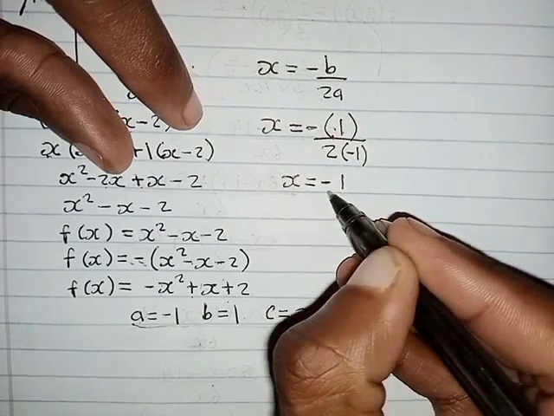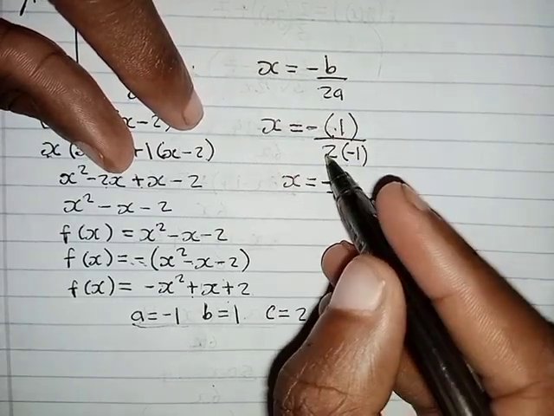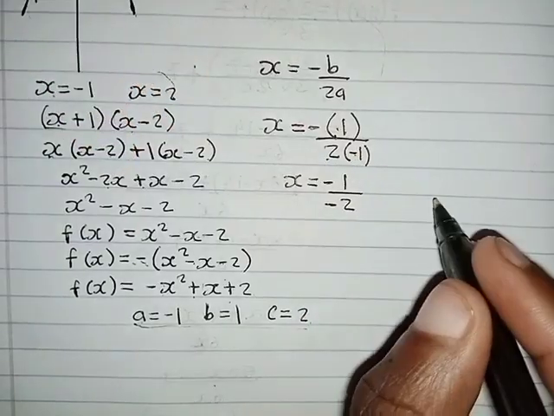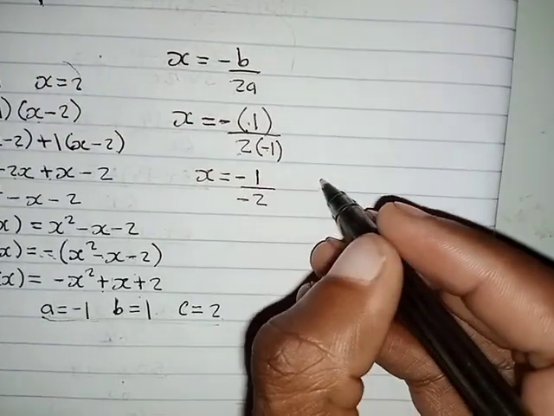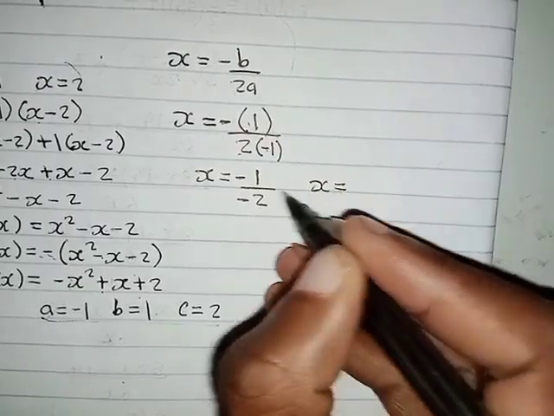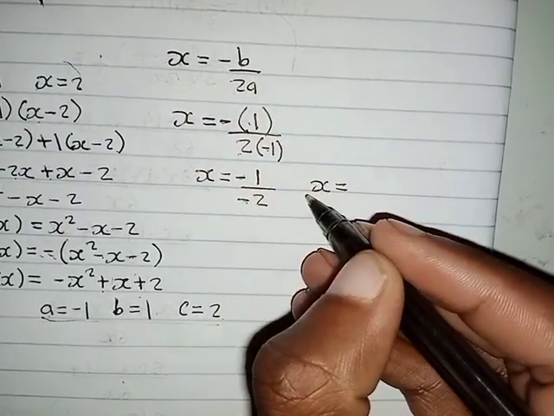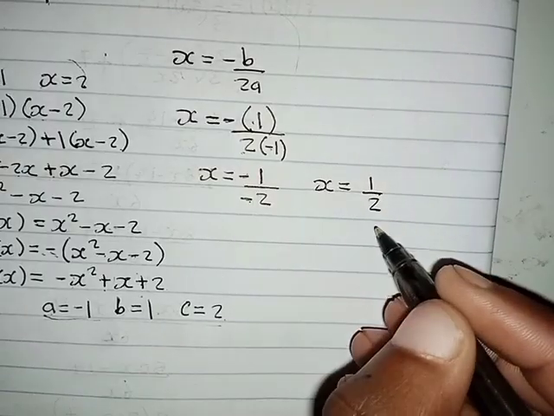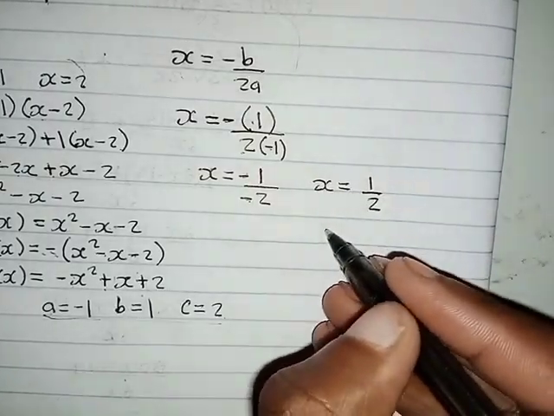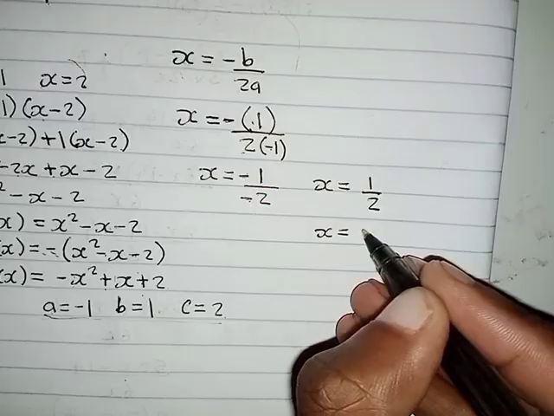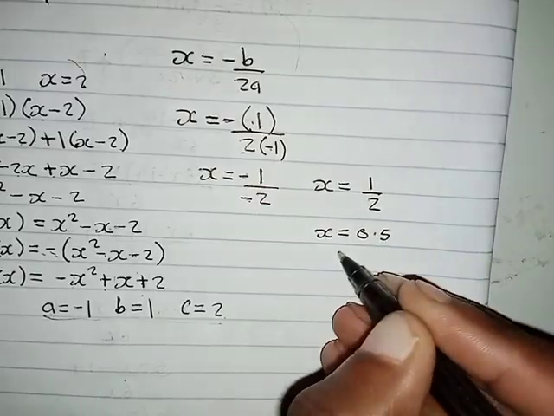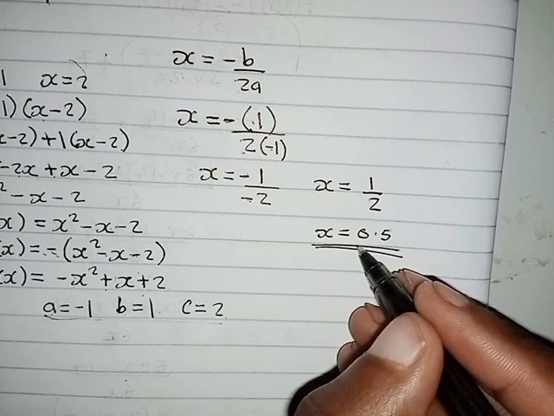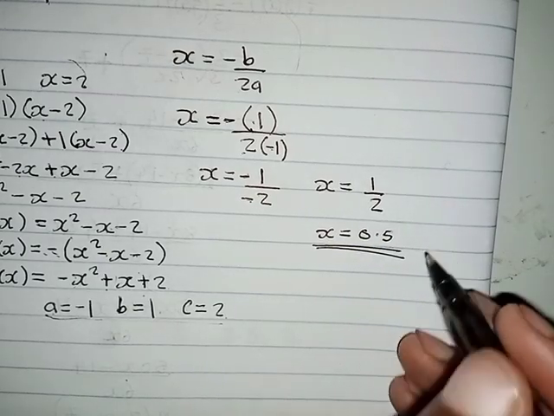So we have negative 1 on top divided by 2 times negative 1, we get negative 2. We can simplify this further. So we write x is equal to negative divided by negative, we get a positive. So we have 1 over 2, like that. But this 1 over 2 can also be written as 0.5. So this is the equation of the axis of symmetry. x is equal to 0.5.